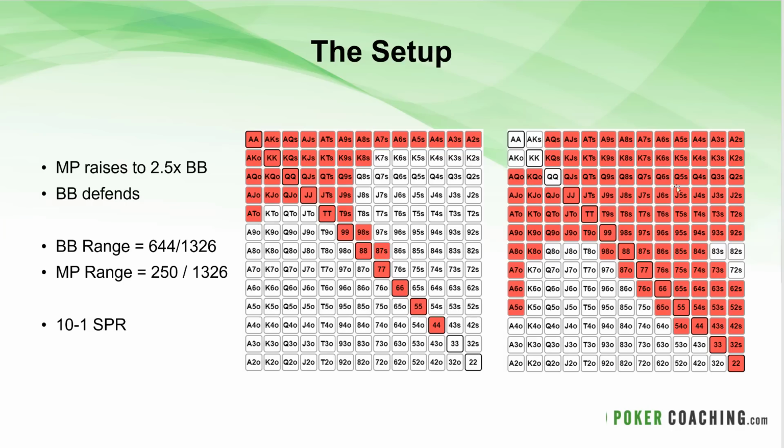And then he's going to have various 3-bet bluffs, but they really don't change the composition of the ranges too much, and it's just easier to do the range like this. We're going to be looking at a 10-to-1 SPR, so a 10-to-1 stack-to-pot ratio. So we're looking at around a 60 to 70 big blind starting stack. I'll show you the setup that I used in PokerCoaching.